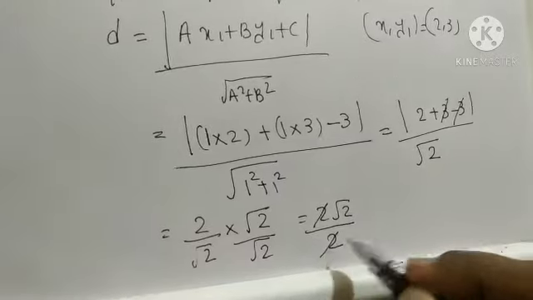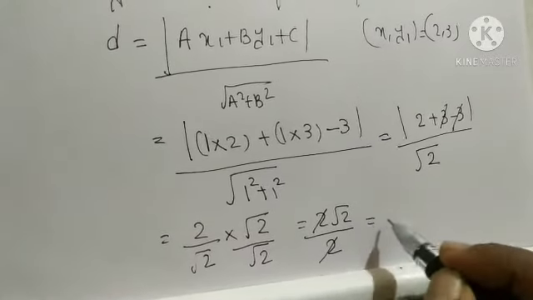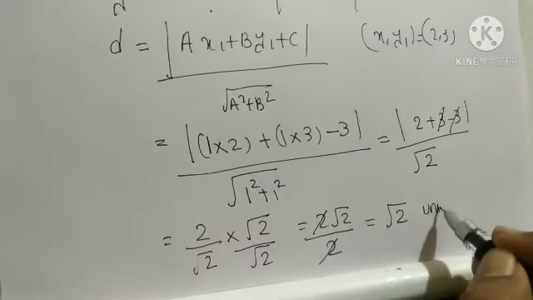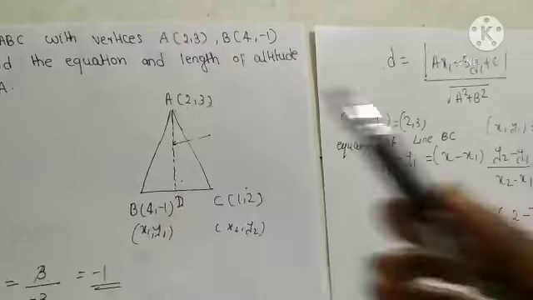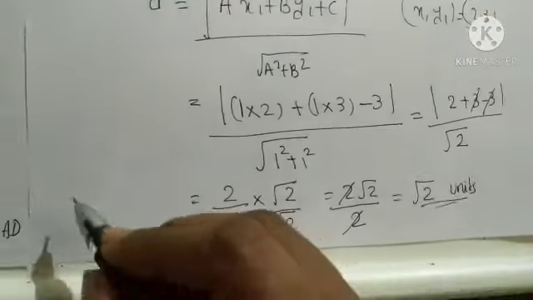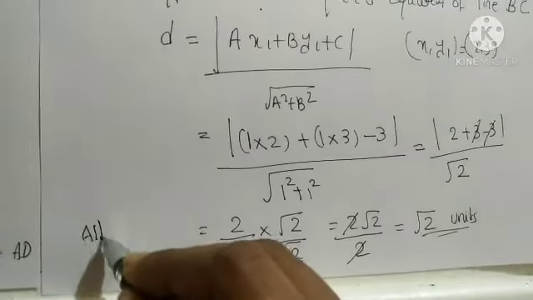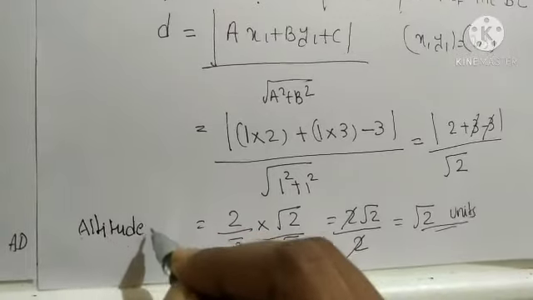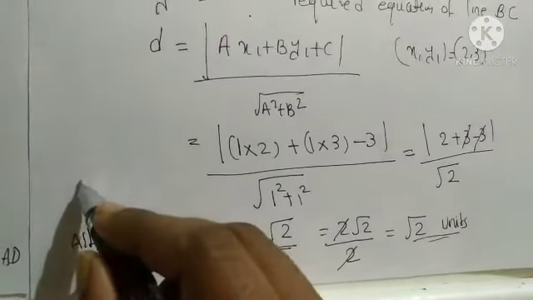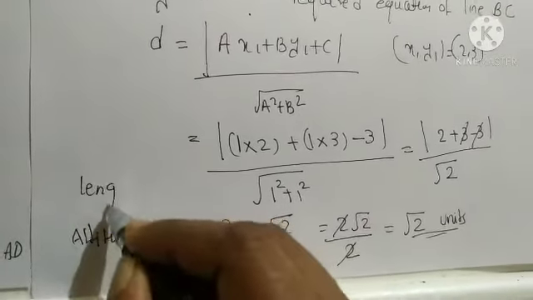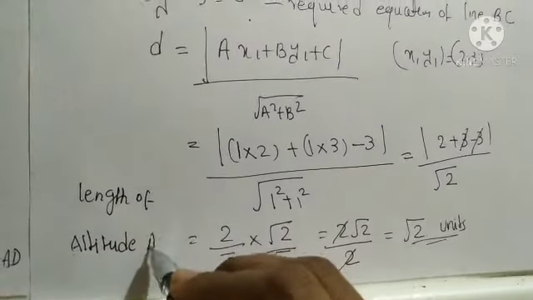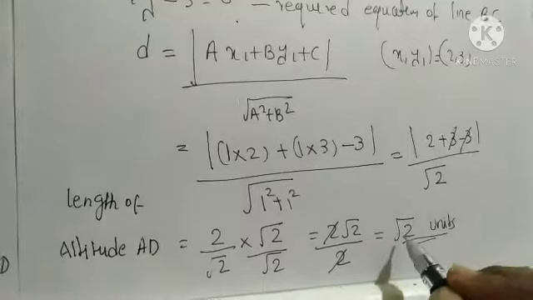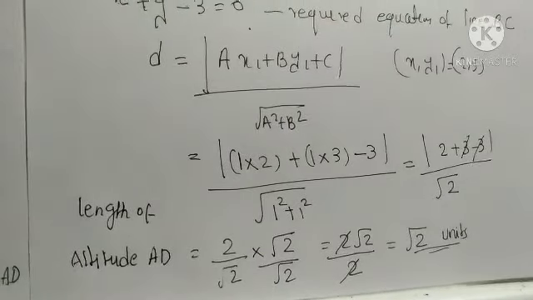Cancelling these two values, we get root 2 units as the height or length of the altitude. So the length of altitude AD will be equal to root 2 units.